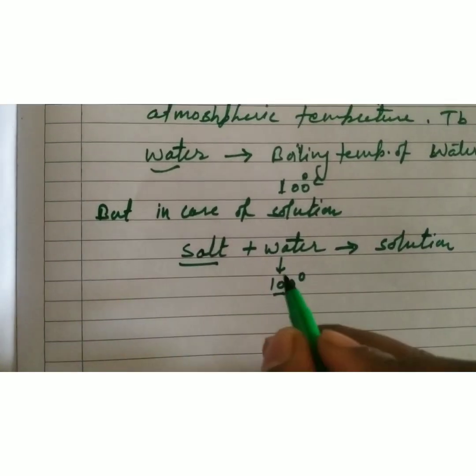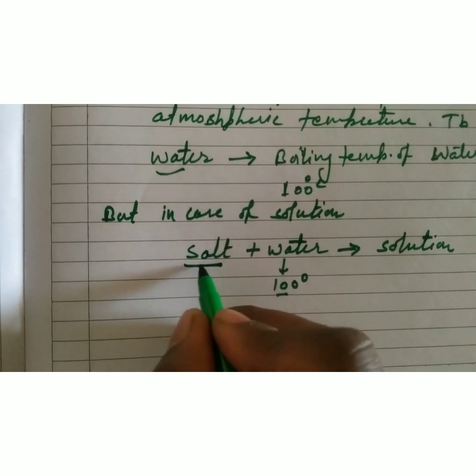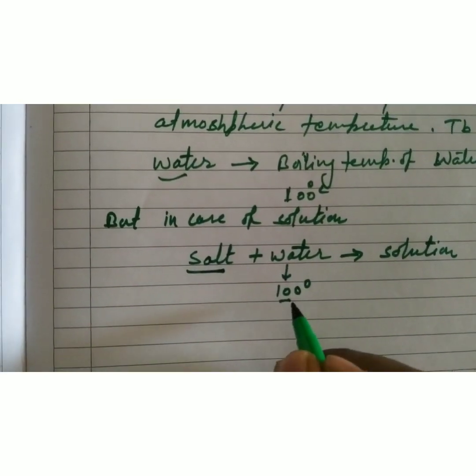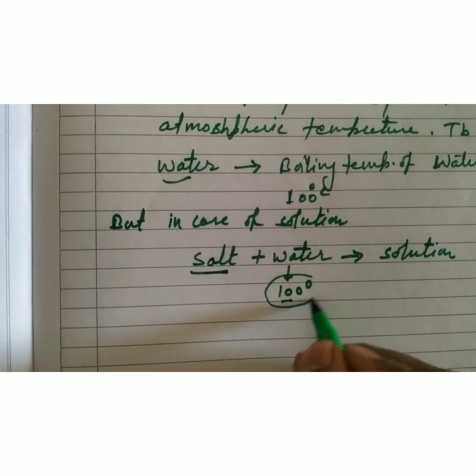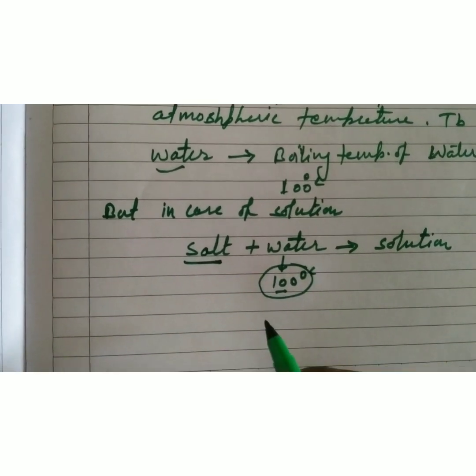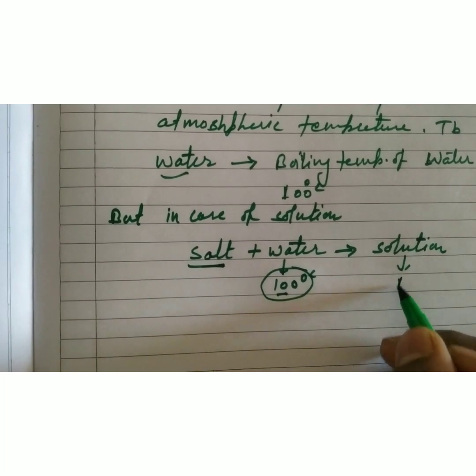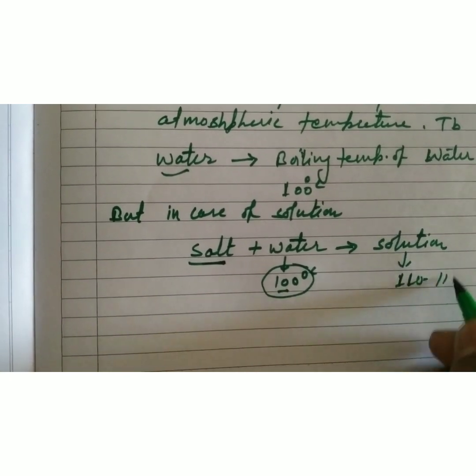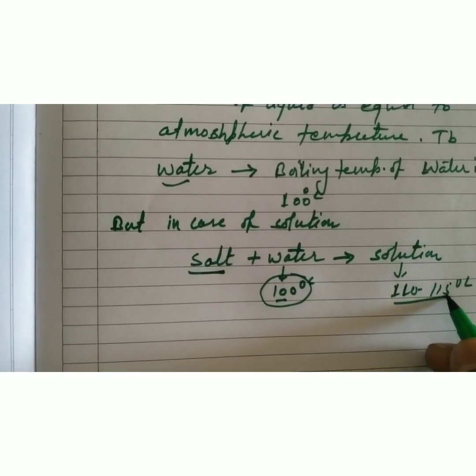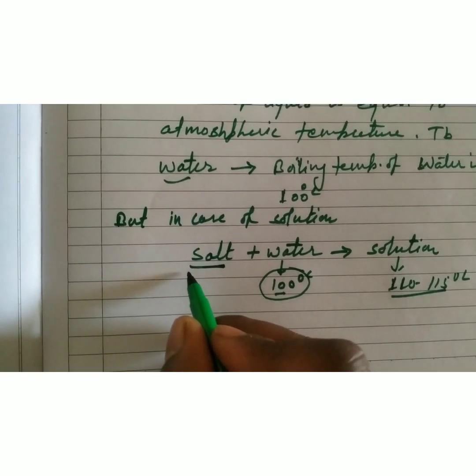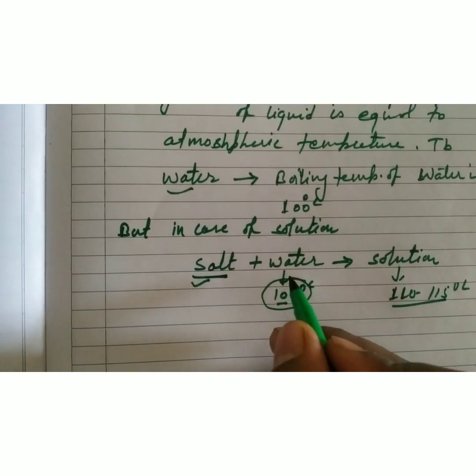Then suppose the boiling temperature of water is 100 degrees centigrade. Clear? So the boiling temperature of solution will be slightly greater, 110 or 115 degrees centigrade, depending upon how much amount of salt we mix with water.